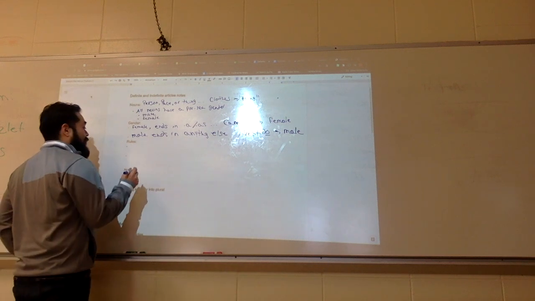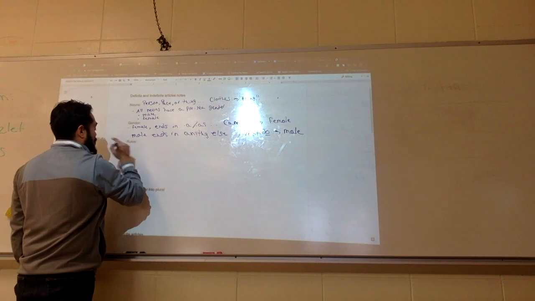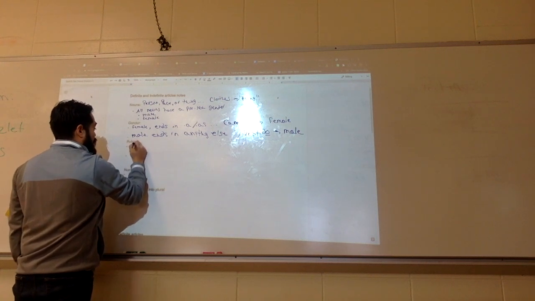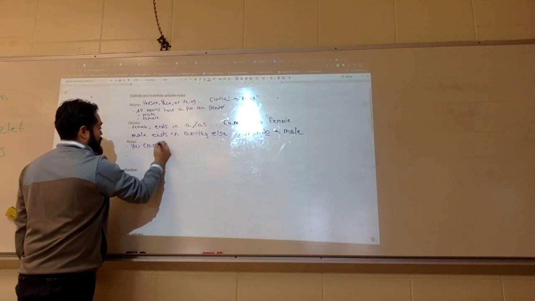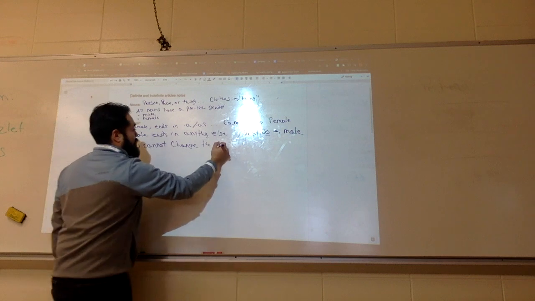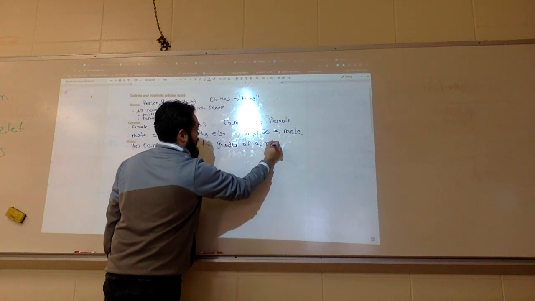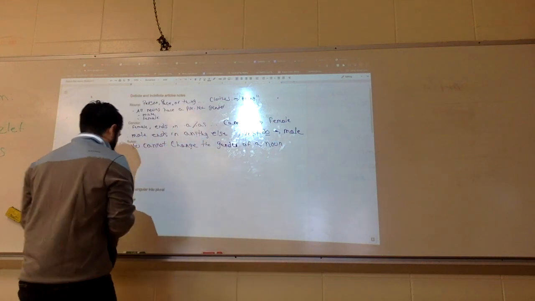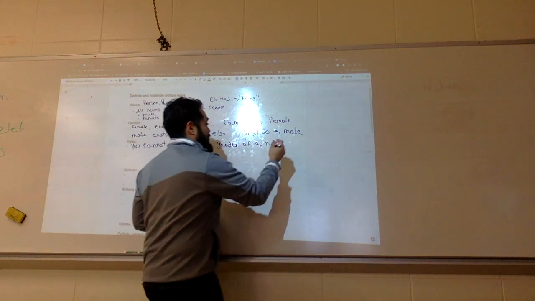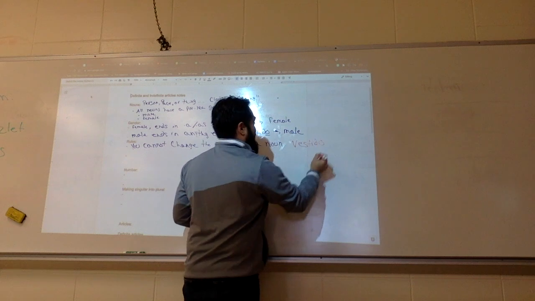So my first rule, when dealing with nouns, is we need to understand that this is important: you cannot change the gender of a noun, ever. That means that vestido, for example, sticking with dress, vestido is male.